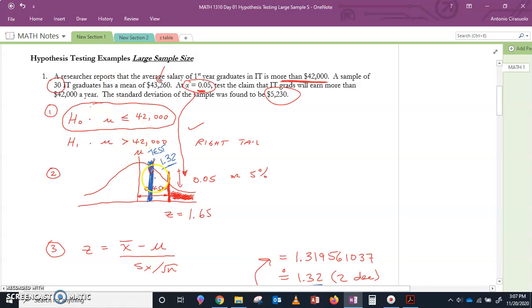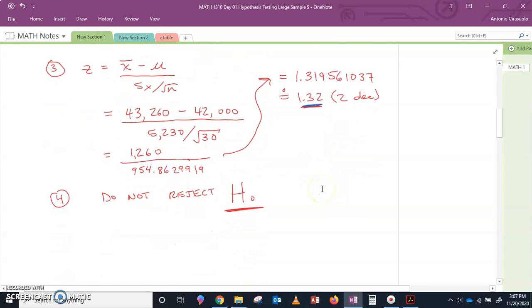We're not far enough away from 42,000, which is right here. We're not far enough away in terms of standard deviation and size of the sample to actually state that we're larger than $42,000. So the standard deviation and sample size play a huge role in determining our outcome. So we do not reject H naught.